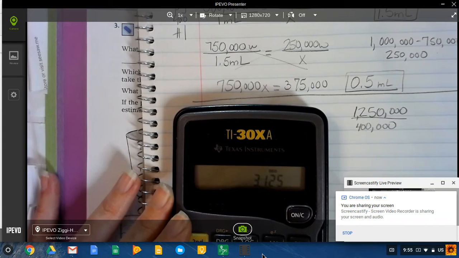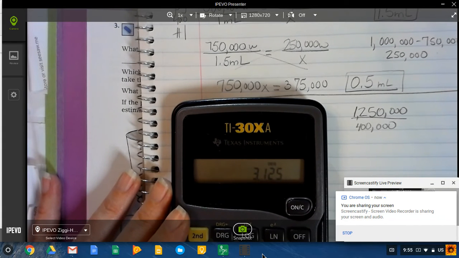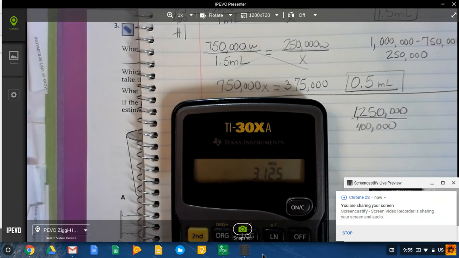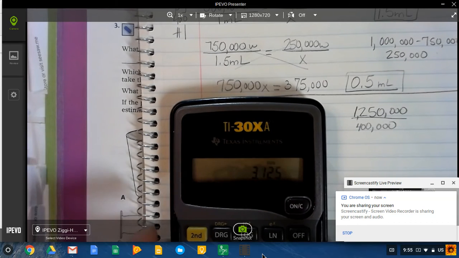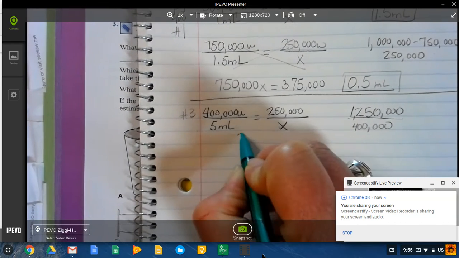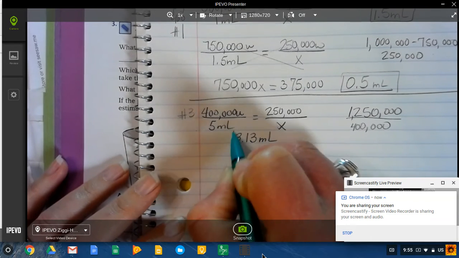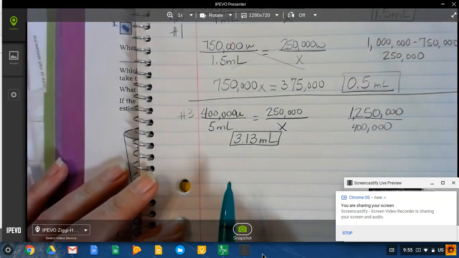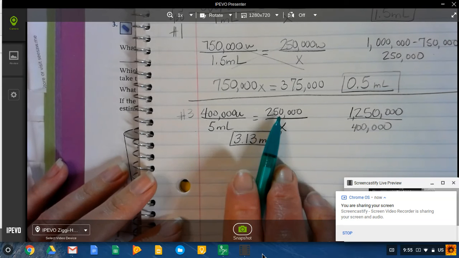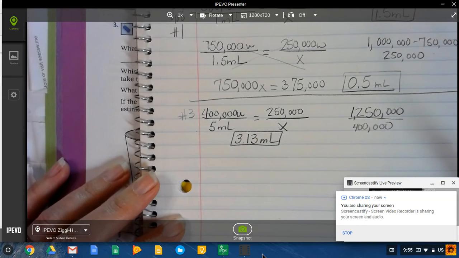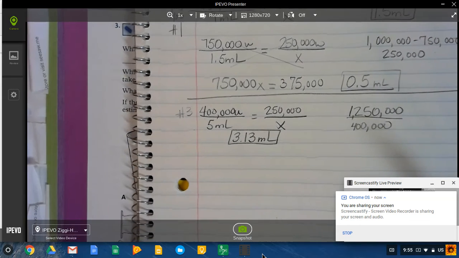And you get 3.125, which really would be 3.13, rounding to the nearest hundredth. So your answer is 3.13 milliliters is what you would want to give of what's on hand to fulfill that order. And of course, that's 4 times a day.